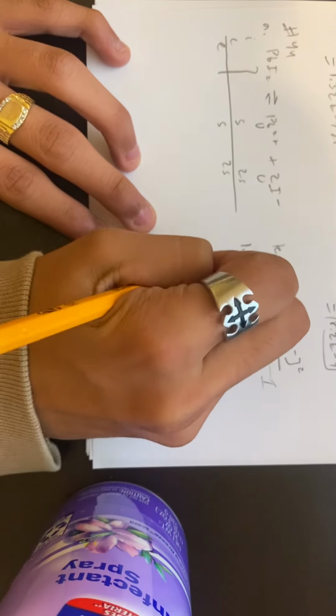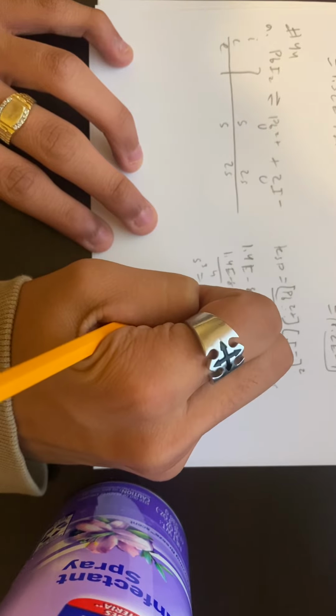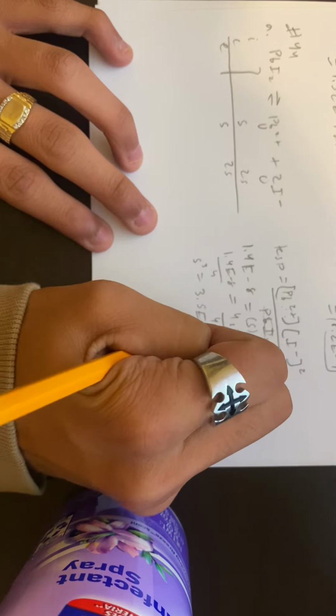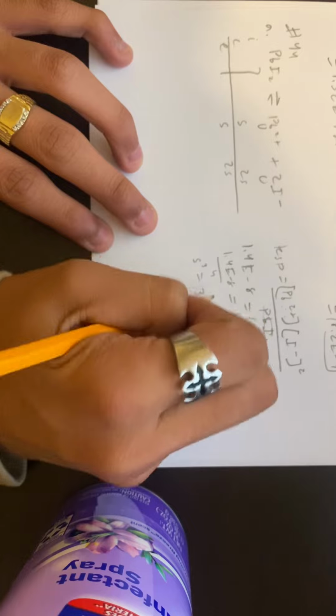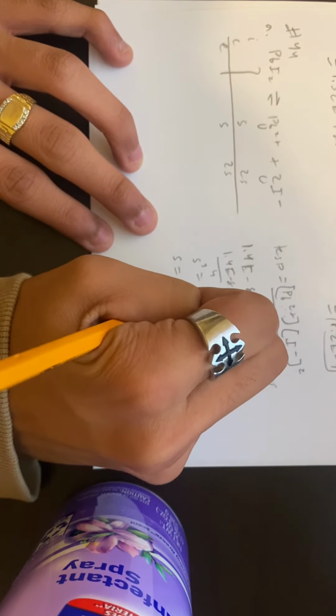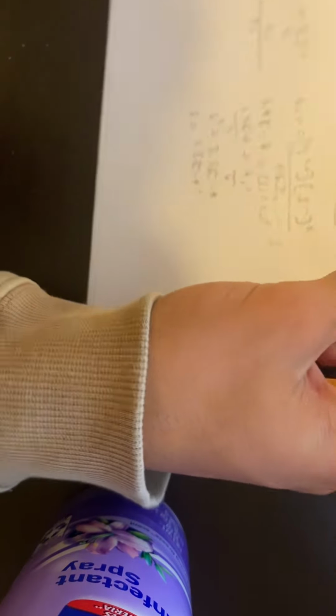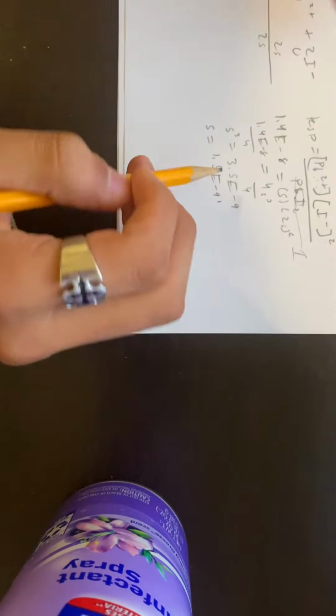If we divide by 4 on both sides, we will get S cubed is equal to 3.5 E-9. And if we cube root both sides, S is equal to 1.5 E-3. All right, that's the answer for part A.